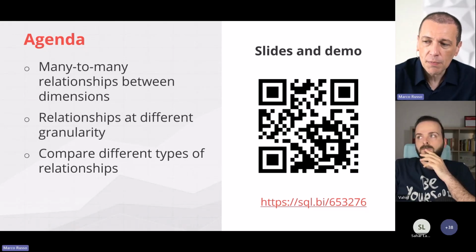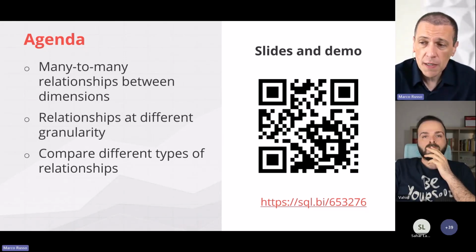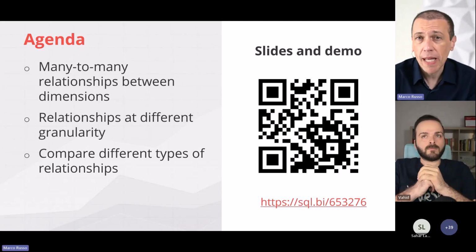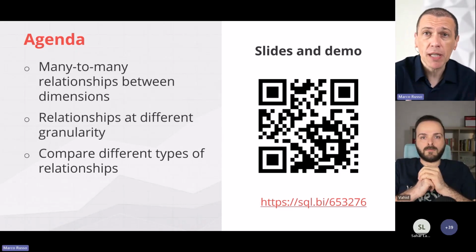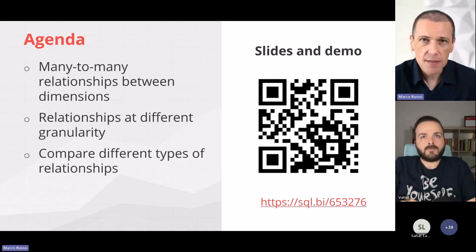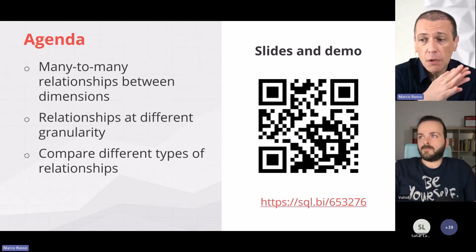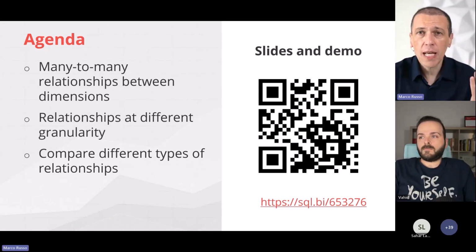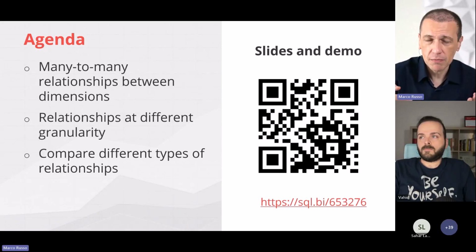So these are the two topics I want to discuss today. One is what do we mean when we say many-to-many relationship between dimensions? This is a concept that exists besides Power BI. And then we will see what are relationships between two tables at different granularity.